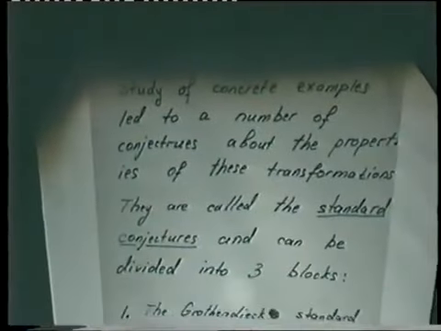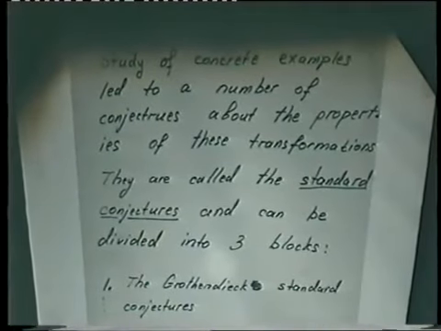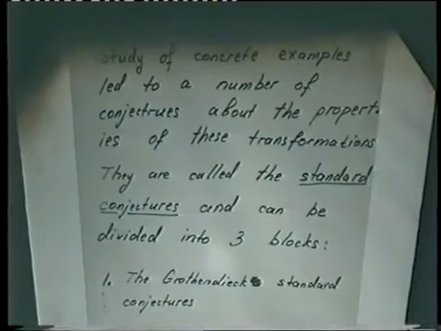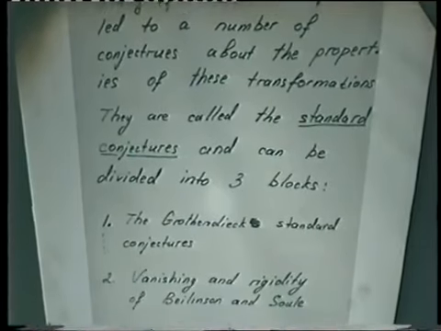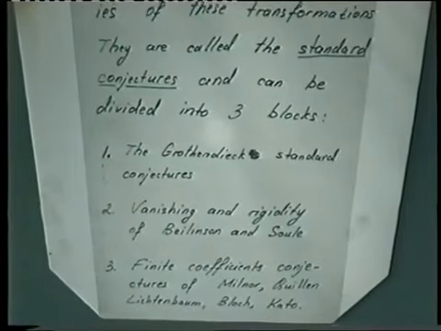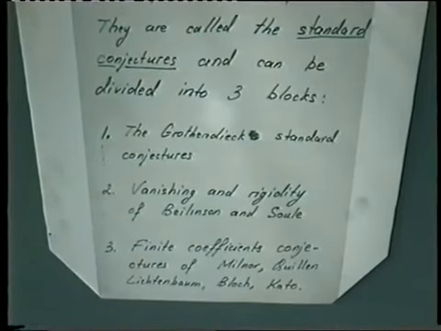Interestingly enough, they can be pretty well organized, because all these conjectures are, in fact, conjectures about certain properties of one or another of these natural transformations. So these are never conjectures about a theory. It's a conjecture about the relations between 2 theories.